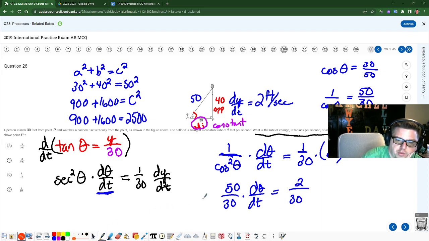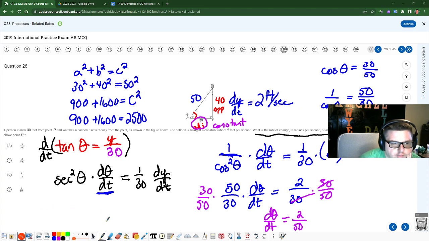Then we can multiply by the reciprocal, 30 over 50, and the 30s cancel out. I'm left with 2 over 50 d theta/dt, which should simplify to 1 over 25. Okay, what did I screw up? Must have been my Pythagorean triple.